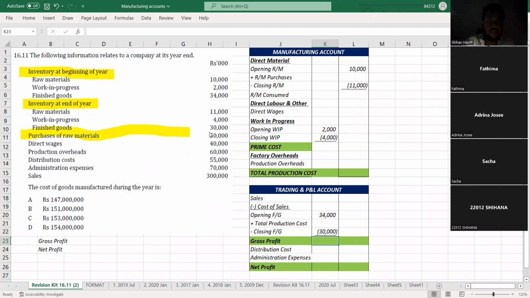Purchase of raw materials 50,000. Direct wages 40,000. Production overheads 60,000. FG means finished goods.